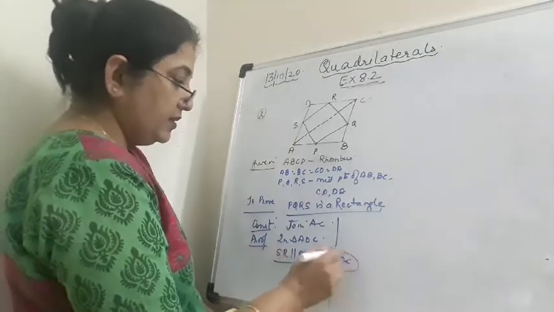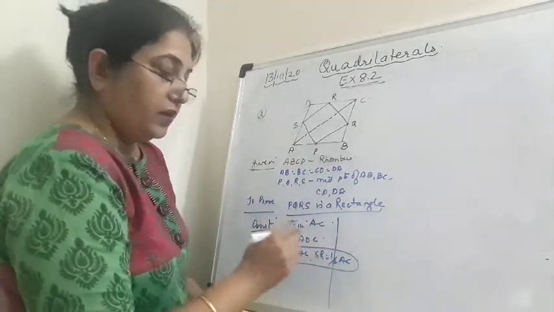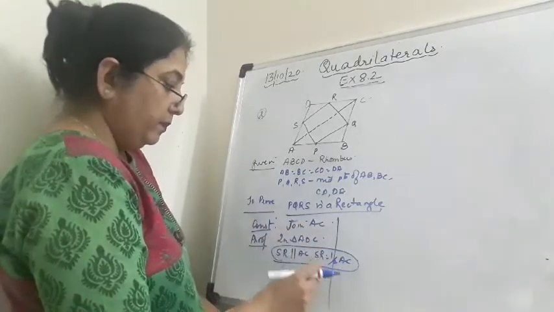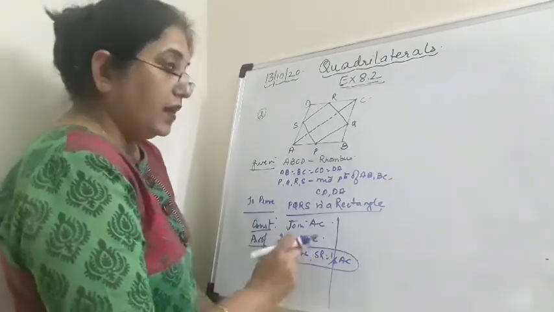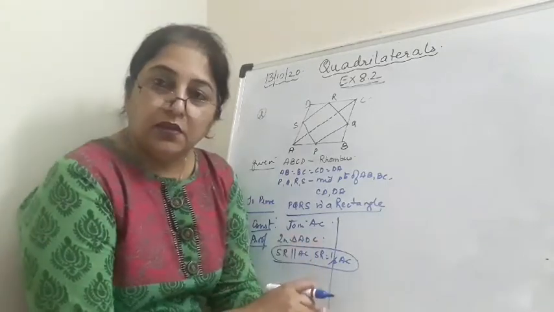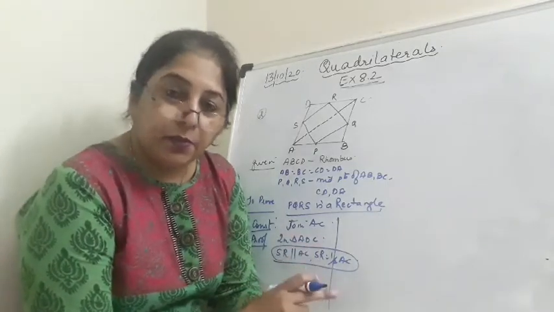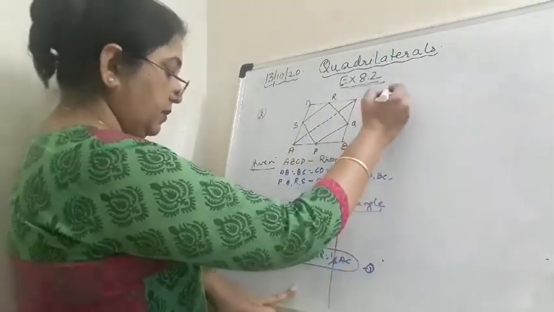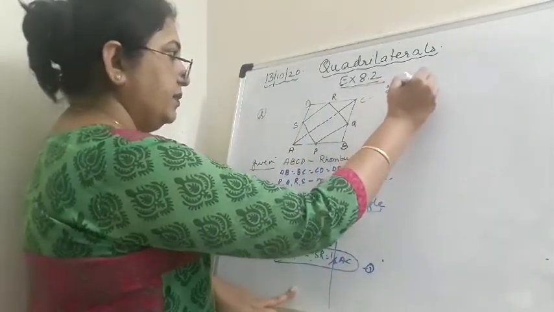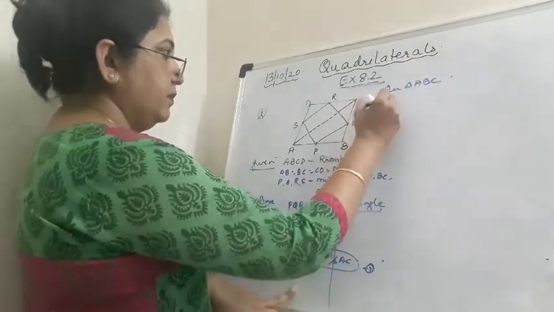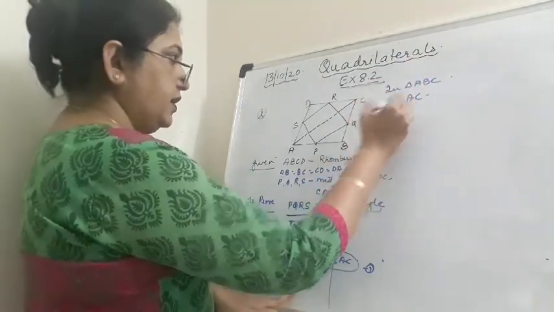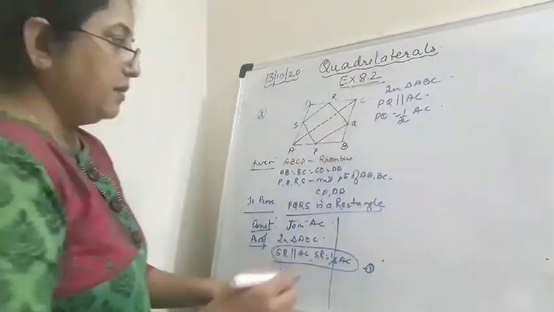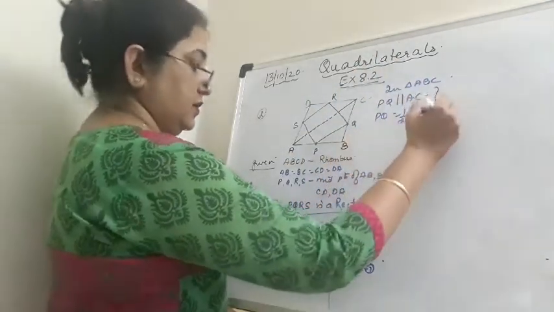I'm only writing these conditions, but you will write the proper reasons. So in triangle ADC, according to the midpoint theorem, SR is parallel to AC and SR is equal to half of AC because S and R are the midpoints of the given sides. This is number 1. Similarly, in triangle ABC, PQ is parallel to AC and PQ is equal to half of AC. This is 2.